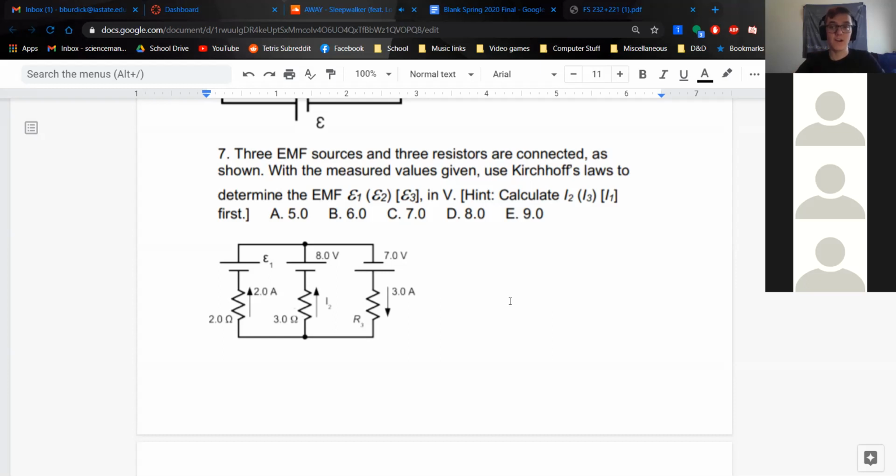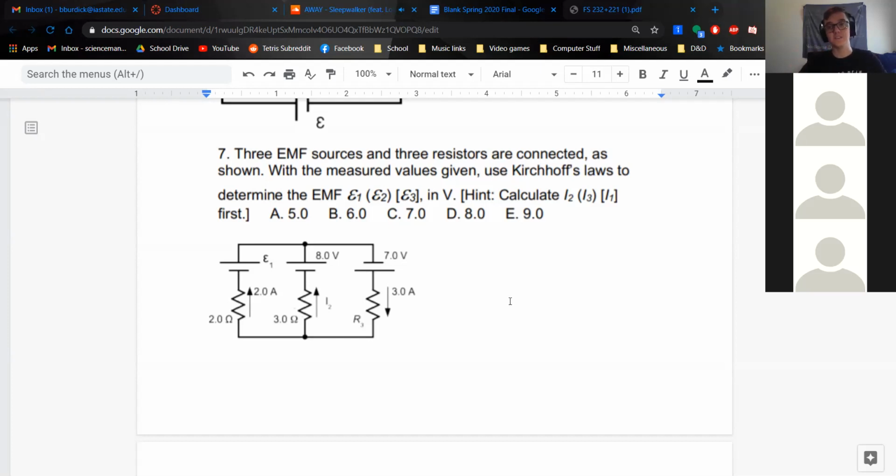Then from there, you choose one particular loop to solve for E1. So that's how you want to do it. The junction rule is how you solve for I2, and you use the loop rule to solve for E1.